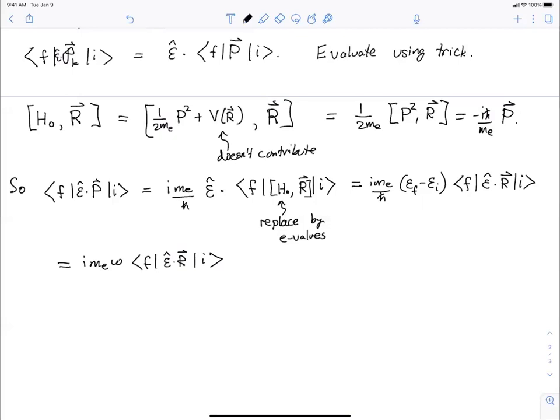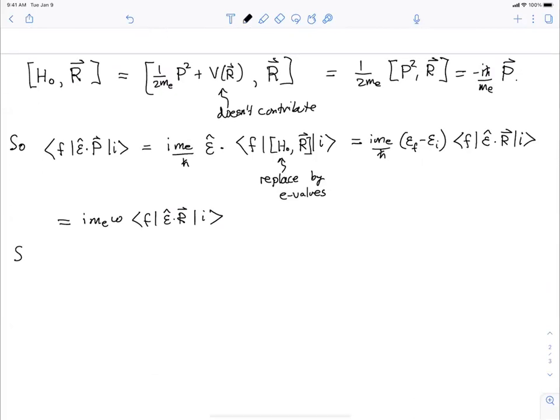Okay, so plugging that into our bigger formula, let's say for the cross section for absorption, and I'm going to write here dipole because we're in the dipole approximation, is 4 pi squared alpha h bar omega. The m_e's cancel. We have our matrix element squared, and then we have our density of states factor.